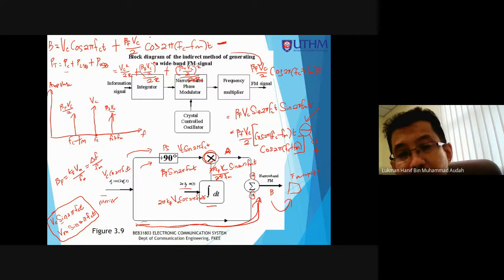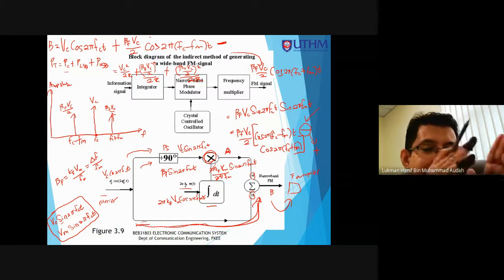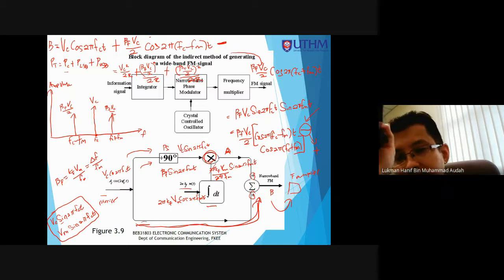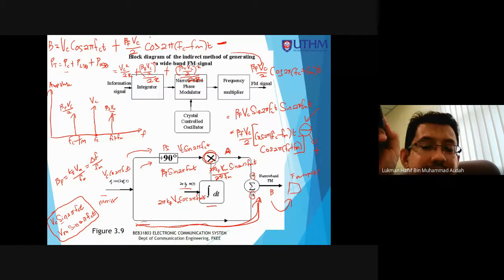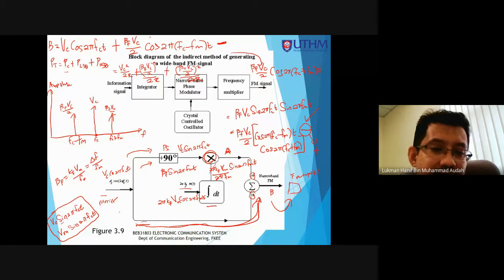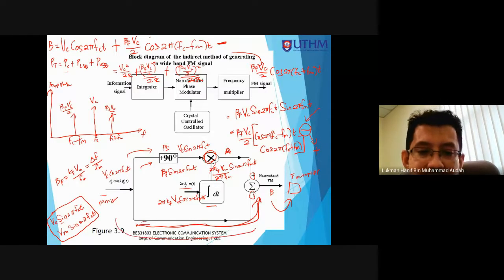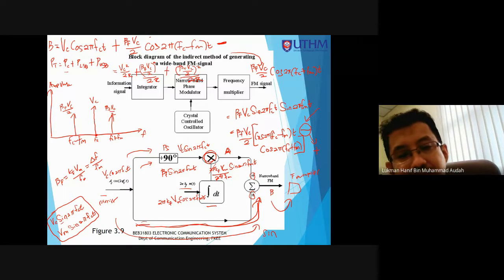Dia ada beza di situ saja. Okay. So maknanya you masih dapat lower sideband, you have a upper sideband, but the polarity is plus. Nanti you akan tambahkan dengan carrier di bahagian bawah sini so dia akan jadi di sini adalah sin lah. Seperti itu.